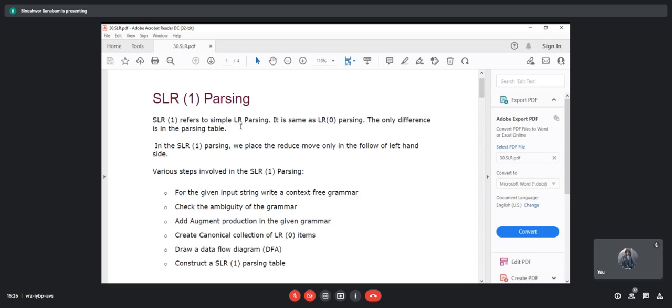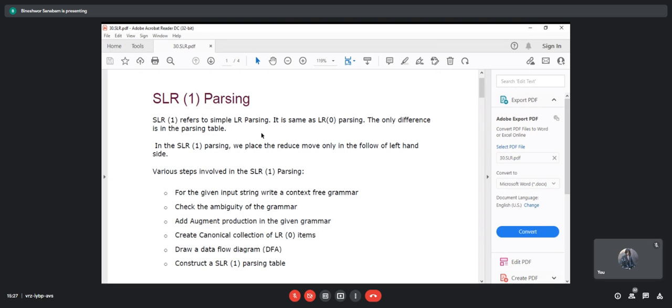SLR1 refers to simple LR parsing, and 1 here means the look ahead is 1. As it's even given here, it is the same as LR0 parsing. The only difference is in making the parsing table.